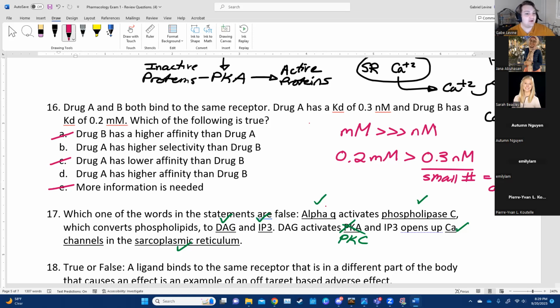Selectivity is about selecting one receptor over another. We're only talking about one receptor. So we don't have any ability to differentiate, is it going to the heart or to the brain? We don't know. We're only talking about the heart here. So selectivity requires us to have two different receptors to talk about, whereas affinity, you can talk about just one.